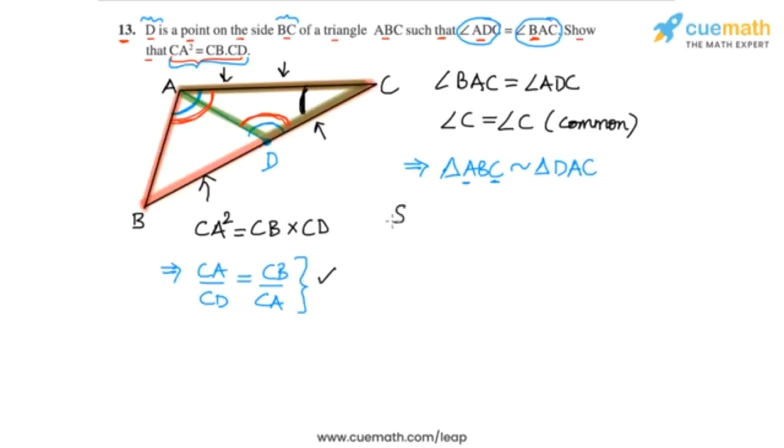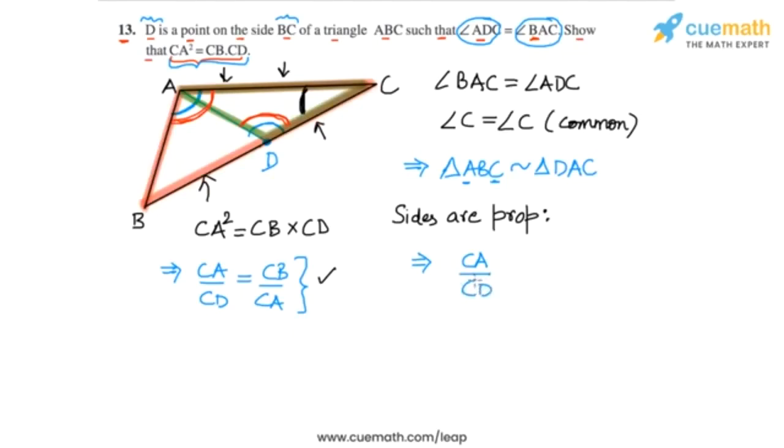And now we can say that because these are similar triangles, their corresponding sides must be in the same proportion. So from here I can write CA in the first triangle by CD in the second triangle.